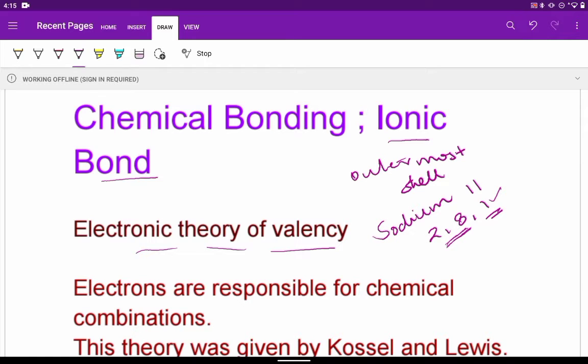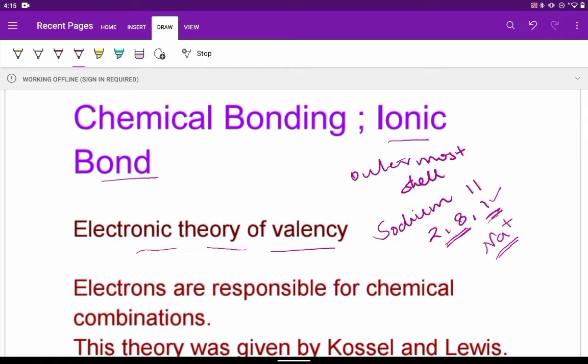So somehow it will try to remove this electron. In the process, we will see further afterwards that when it removes this electron, it will become a cation. That is, sodium will become Na+ by removing this electron. Why it is able to do this is because sodium is electropositive. It can easily lose the electron and become cation.